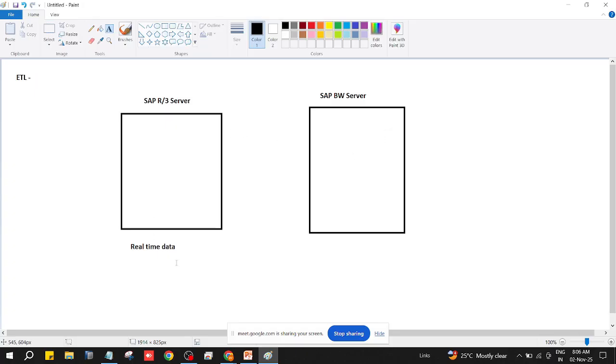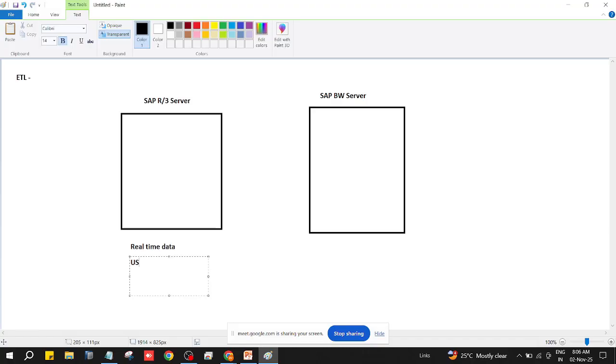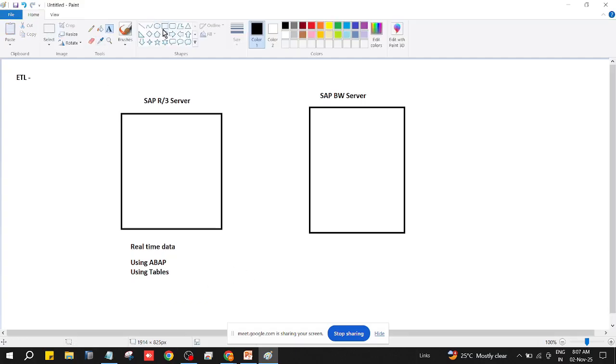So in SAP R3 we are using ABAP as well as tables. Tables are always of two-dimensional architecture. What does two dimensions mean?